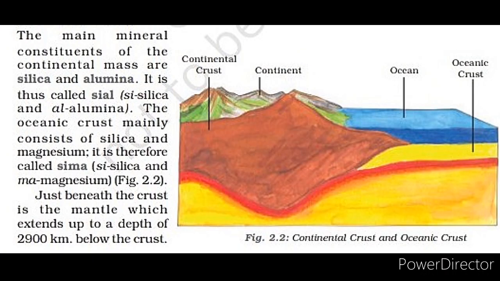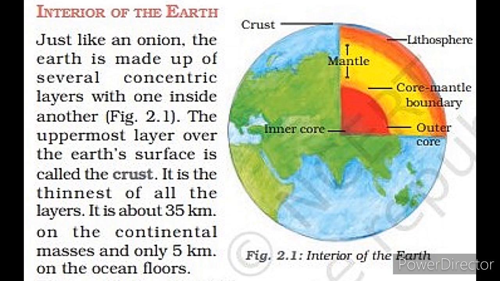The crust that forms at the ocean is predominantly silica and magnesium, that is Sima, and the crust that forms the continents is silica and aluminium, that is Sial. At the continents the thickness is much higher, around 35 kilometers, in contrast to the ocean, which is 5 kilometers deep.